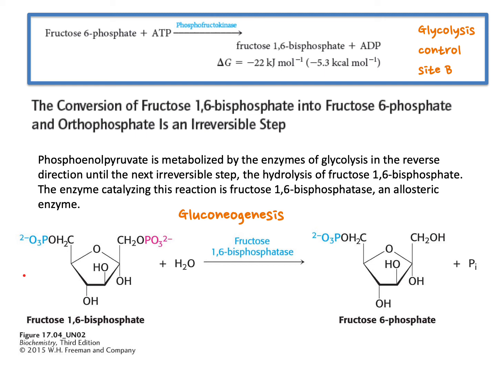So for gluconeogenesis, when there's no ATP involved, the reverse reaction actually happens. The fructose 1,6-bisphosphate can change to fructose 6-phosphate with a new enzyme, fructose 1,6-bisphosphatase, meaning it removes one phosphate functional group.